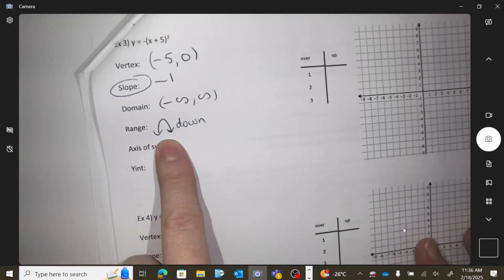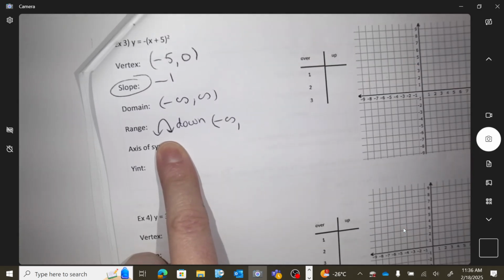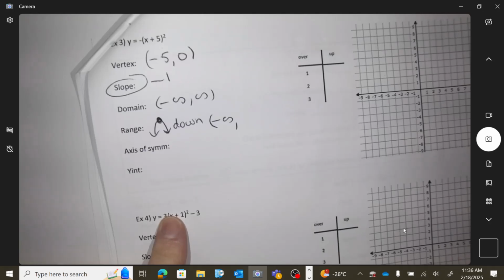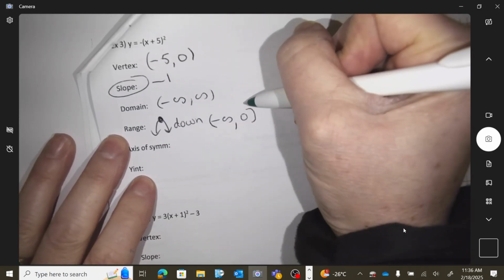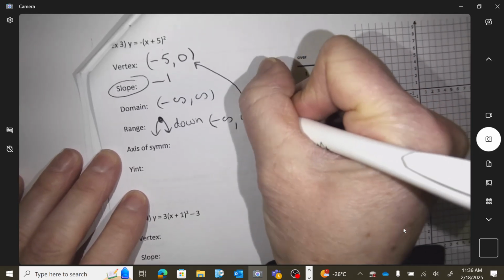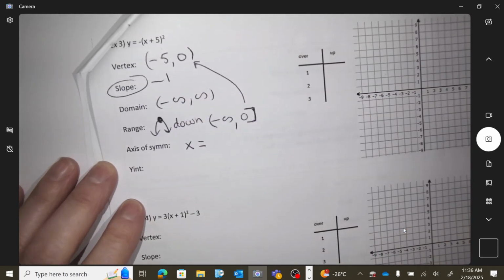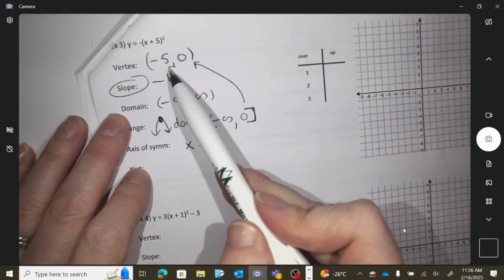Okay, so if I look like this, my range is -infinity forever down to a top height of, what's the highest height y value that you'll get to? 0. Axis of symmetry, x equals. Which x value do you cut right through? And that's going to be the -5 value.